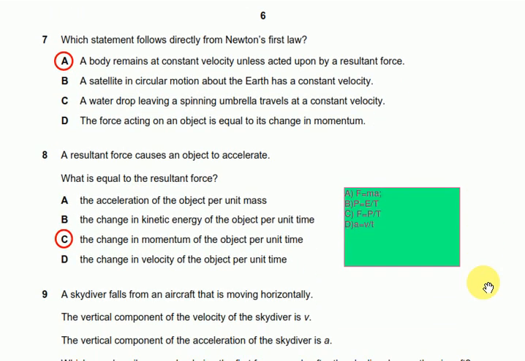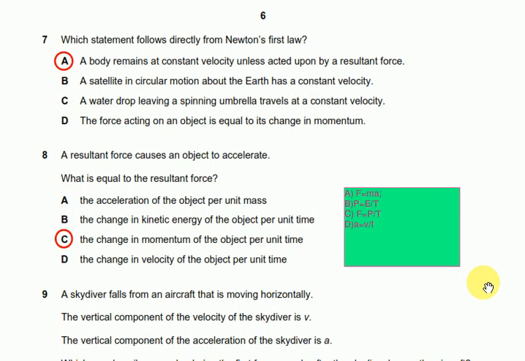Question number 8. A resultant force causes an object to accelerate. What is equal to the resultant force? The acceleration of the object per unit mass, that's acceleration over mass. The force is basically m into a. So acceleration over mass is not force. B is change in kinetic energy per unit time.